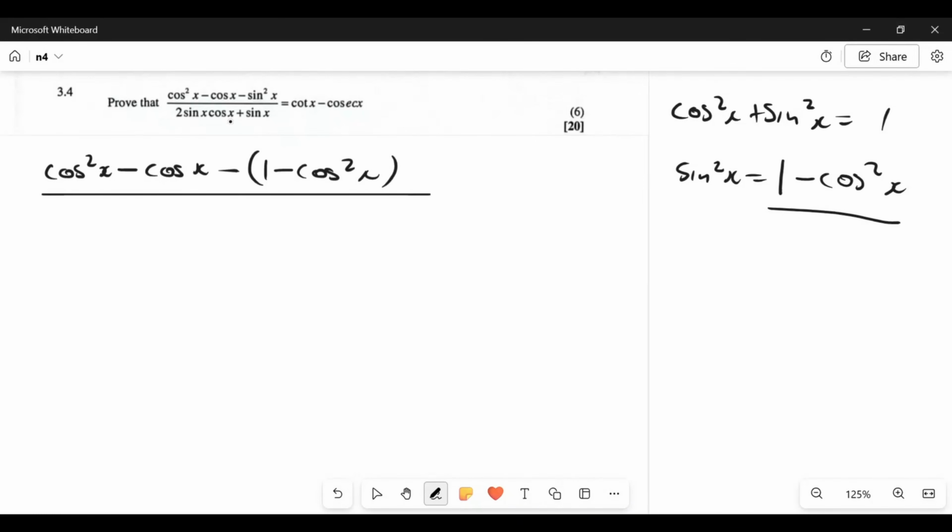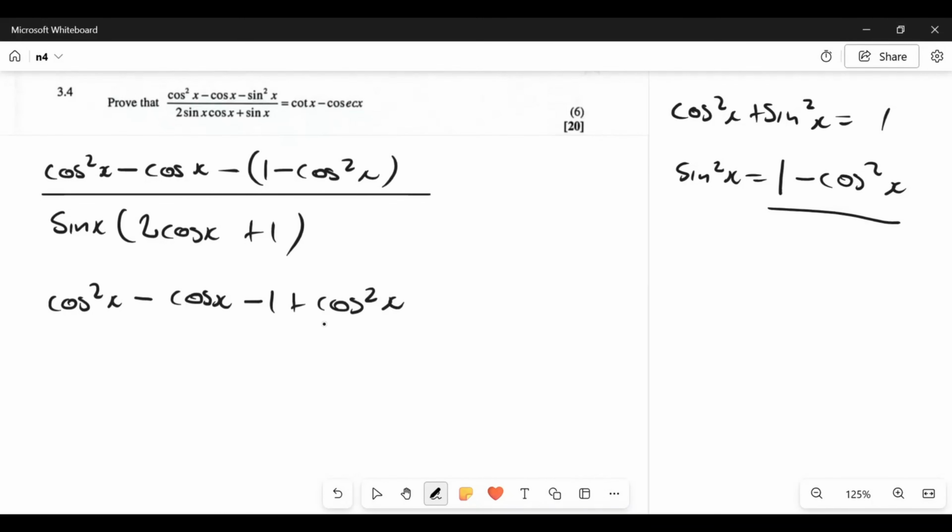On the denominator there, I can see that we have a common factor. We have 2 sine x cos x plus sine x. So sine x is our common factor. If we take out our common factor, which is sine x, we're going to be left with 2 cos x plus 1. If we continue, on the numerator, we're going to have cos squared x minus cos x. Then we multiply by the negative to remove the bracket. So this is going to be negative 1 plus cos squared x.